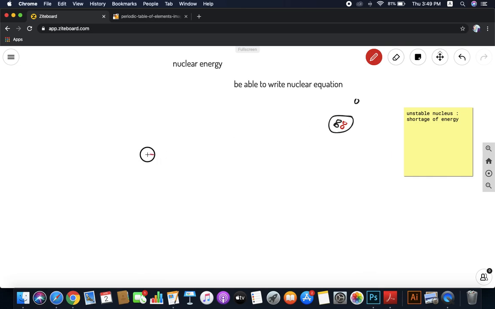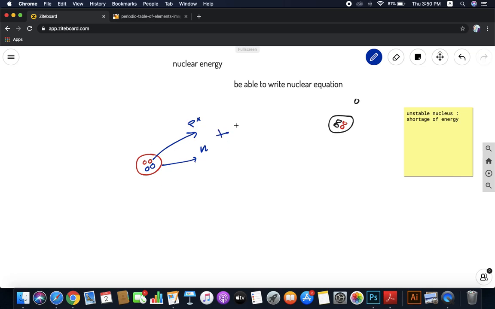Now, when the nucleus loses protons and neutrons, here, protons and neutrons, which have 0 charge here. Okay, let's leave it without a charge. So here, when the nucleus loses protons or neutrons, it will release one type of energy.